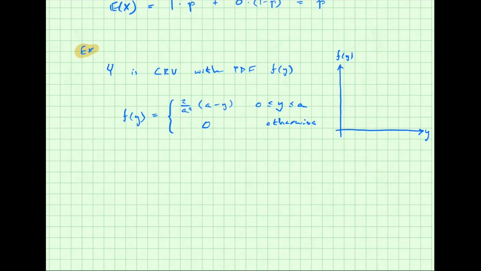When y is equal to 0, that's the vertical intercept, and this thing has value 2 over a. And when f is equal to 0, that happens when y is equal to a. So it's over here. And so the distribution looks something like this.